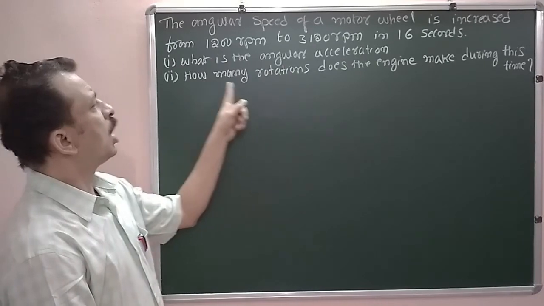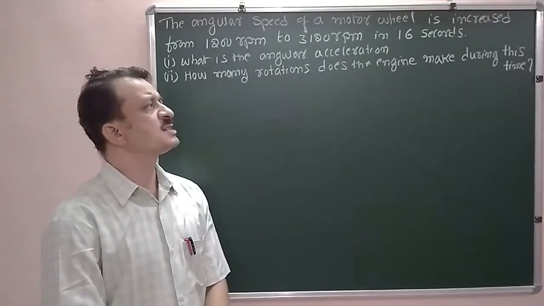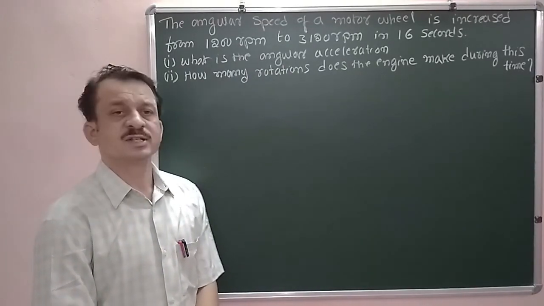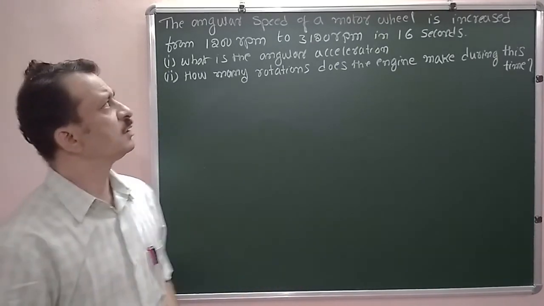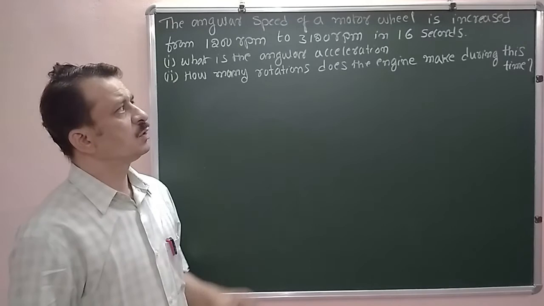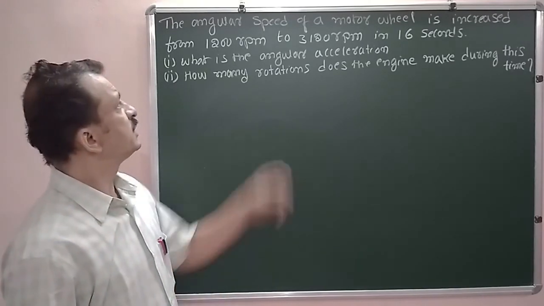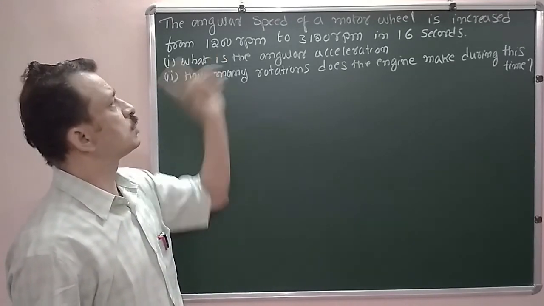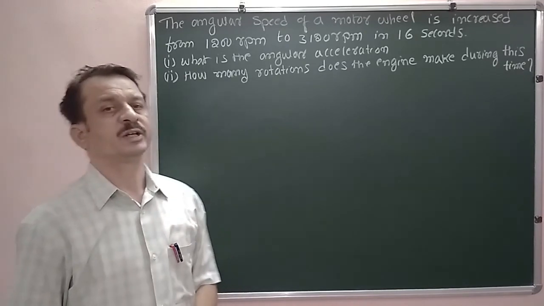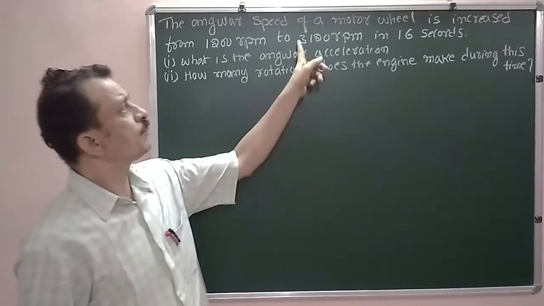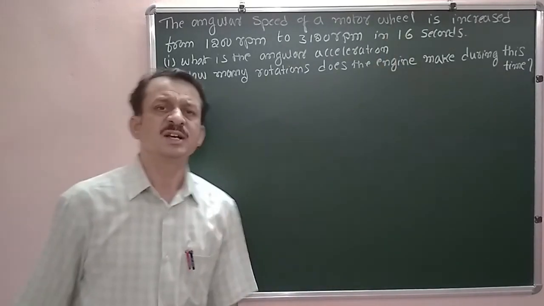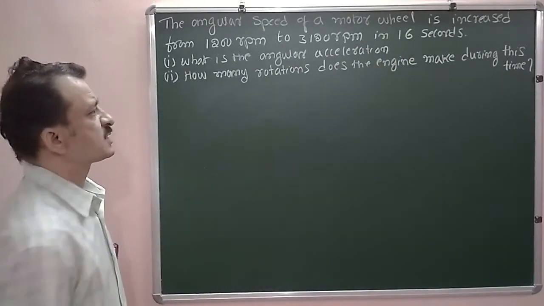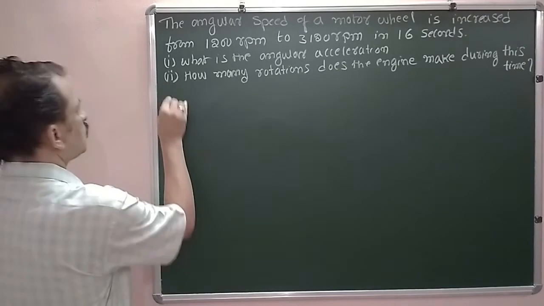Second, how many rotations does the engine make during this time? So we have a machine, a motor, whose wheel is rotating. Initially it is rotating with 1200 revolutions per minute. Now it is increased to 3120 revolutions per minute in 16 seconds. These are the given things. Now the solution.